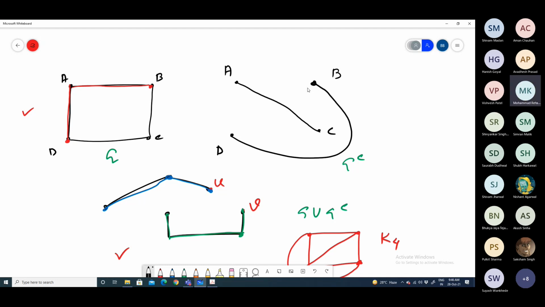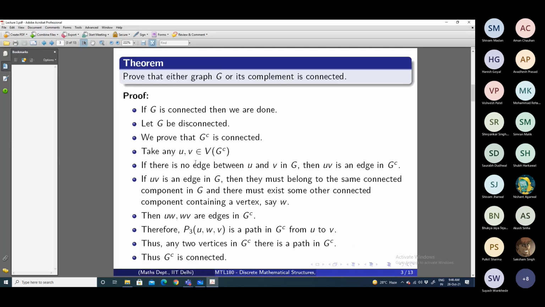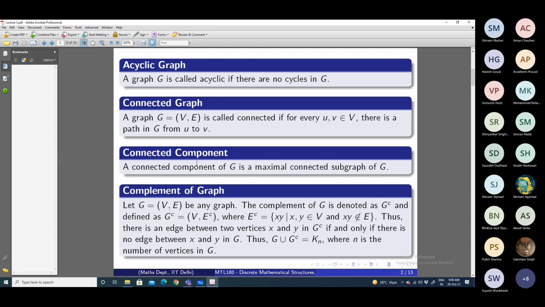Okay, sir. So complement means one. You can say that UV is an edge in G complement if and only if it is not an edge in G. So there is an edge between X and Y in G complement if and only if there is no edge between X, Y in G. It is an if and only if condition.